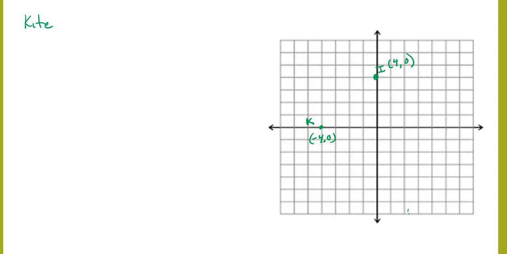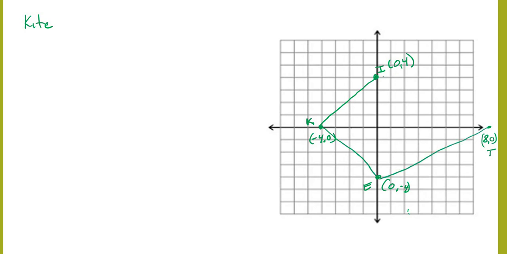Whoops, it's out here, 8, 0. That's T. And E is going to be at 0, -4. Whoops, these are 0. Goodness gracious. 0, 4, and 0, -4. Okay, and that is a kite. They've told me that in the given.